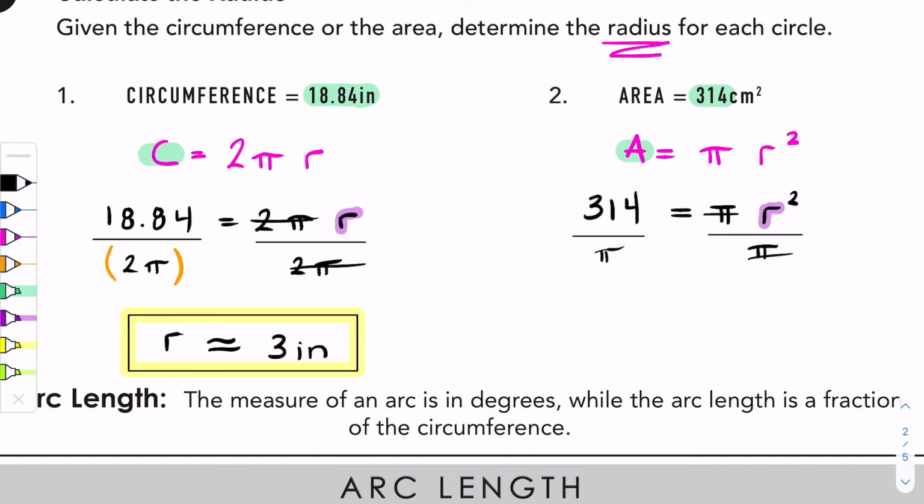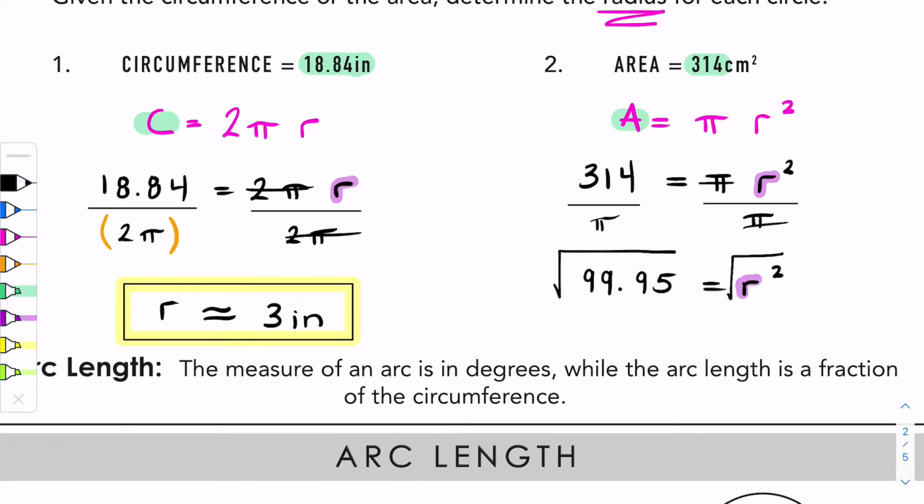That eliminates pi on the right side. When I type 314 divided by pi into my calculator, I end up with 99.95 is equal to r squared. I am still solving for r, so in order to isolate one single value of r, you have to take the square root of both sides. And when I type this into my calculator, my value of r is approximately 10.0 centimeters.